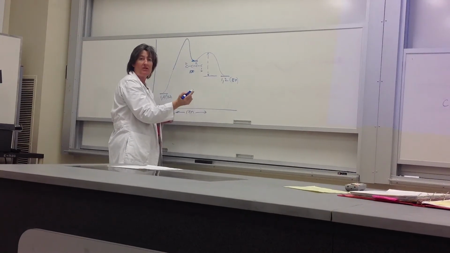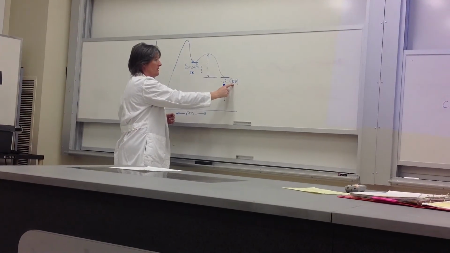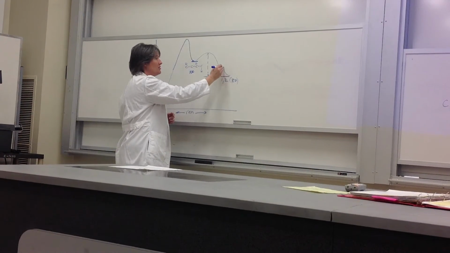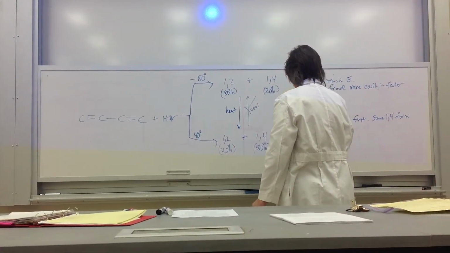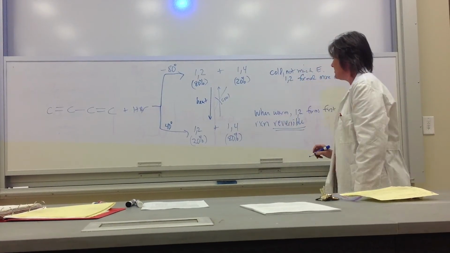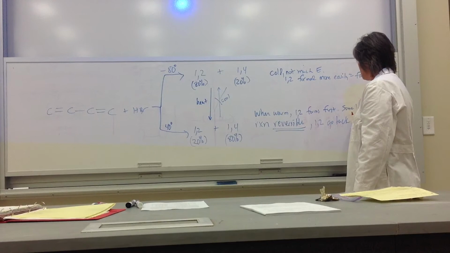When it's warm, though, there's a lot of energy being supplied. So 80 go here, and this isn't so bad to go backwards. And so what they can then do is they can go backwards. So at warm temperatures, this reaction is reversible. And the 1,2s go back to the intermediate.